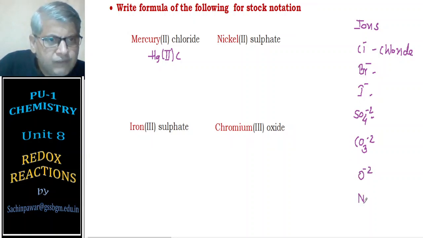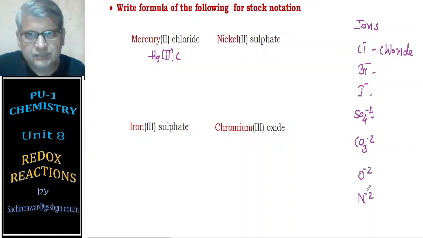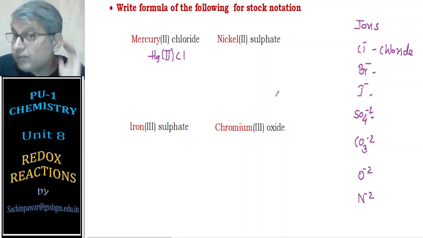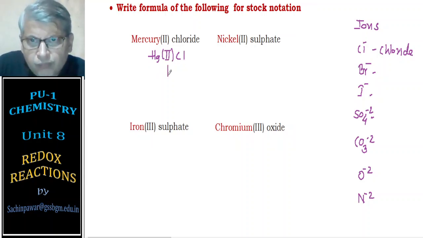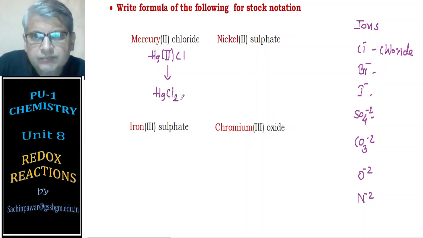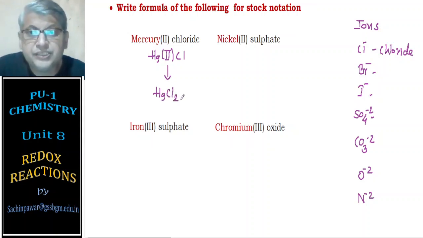All these ions you have learnt in your lower classes, so you should know that. Now here chloride is Cl. So this is the stock notation, Hg2Cl. But now if I have to write the formula, then it is HgCl2. HgCl2 is the formula.